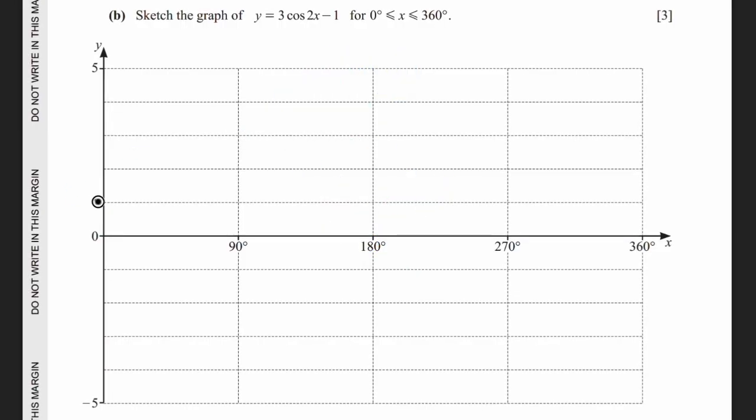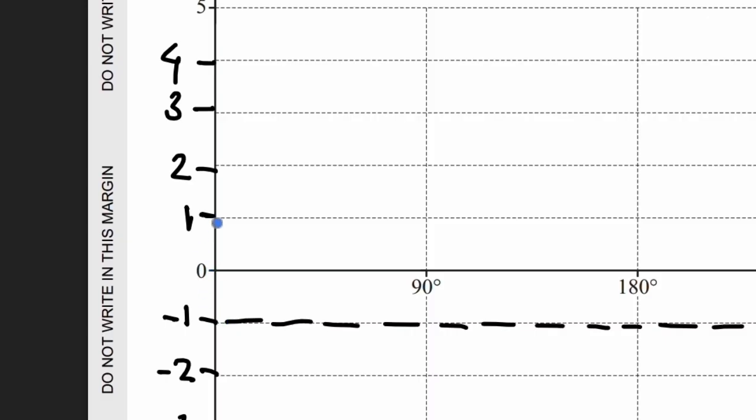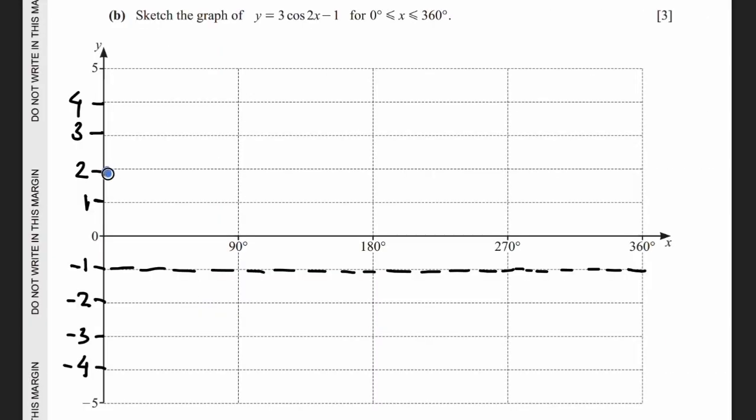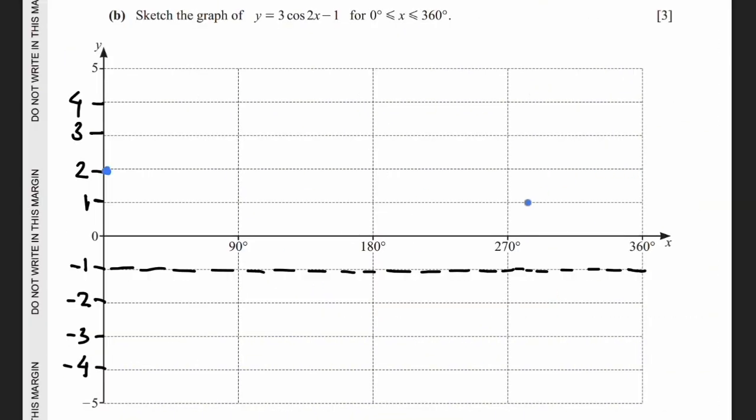Let me label the graph first. Okay, now what is our baseline? Our baseline is at minus 1, so let's draw it. Now our maximum point is going to be 3 more than minus 1, so 1, 2, 3. This is our maximum point, and then we're going to draw 2 cosine curves like this.